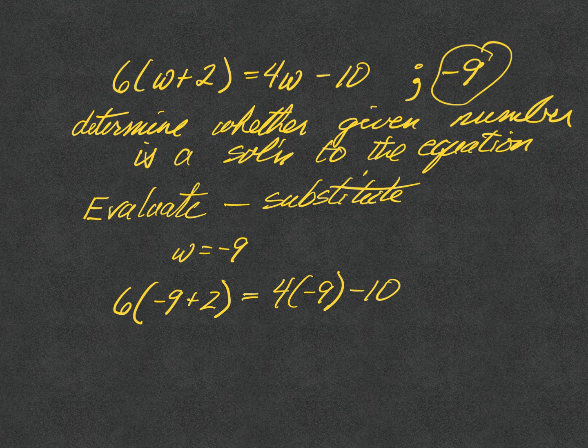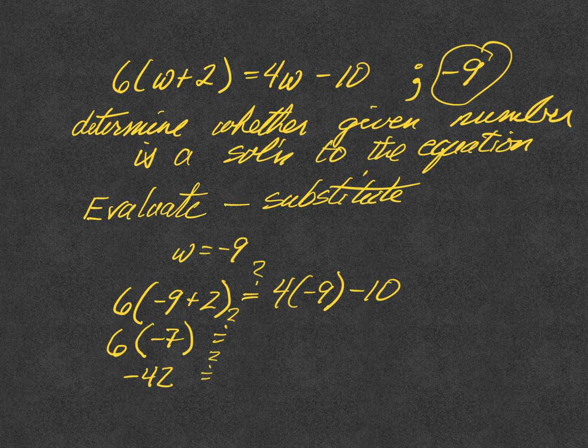By order of operations, I do the parentheses first. So 6 times negative 7, that's the left side, and that's equal to negative 42. And we're really asking, are these equal? In order for it to be a solution, they would have to be equal. So it's really a question mark above our equals here.